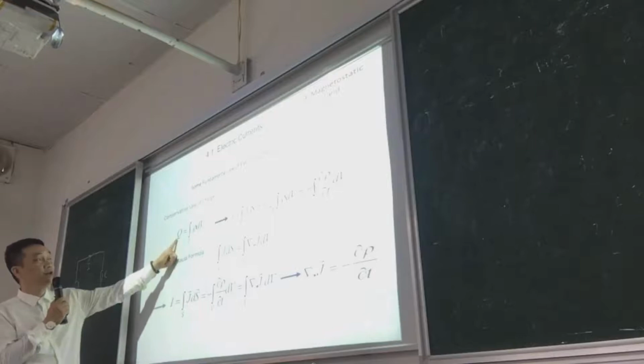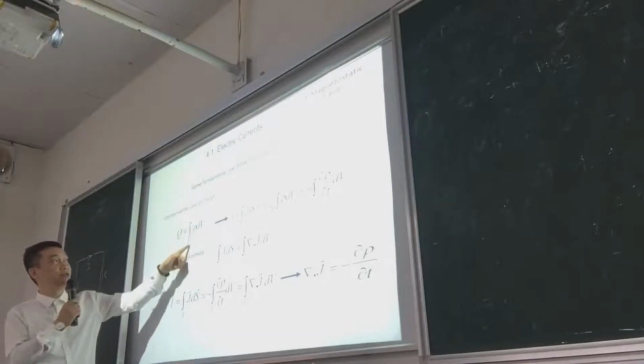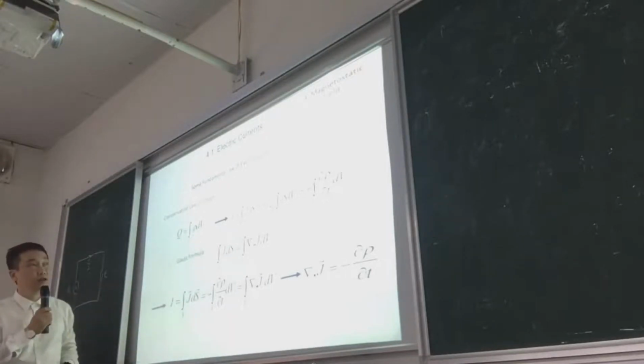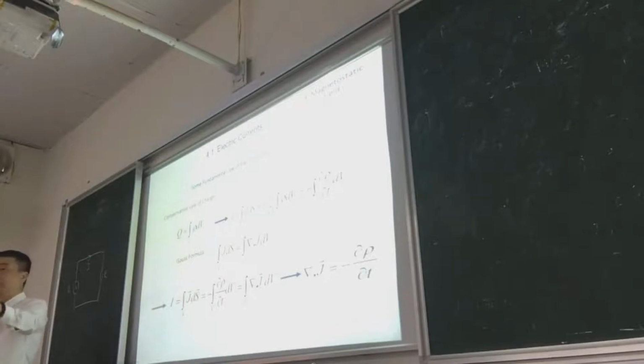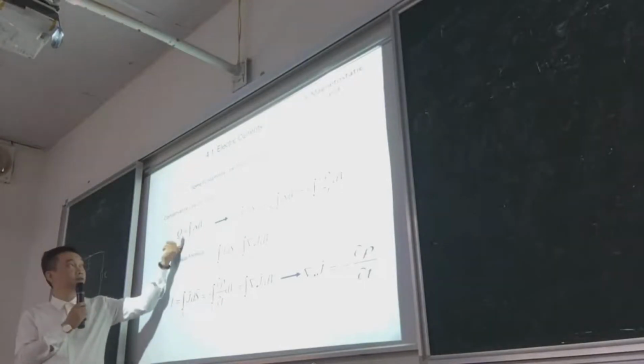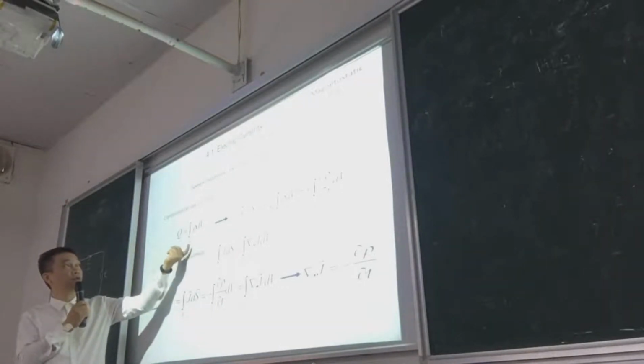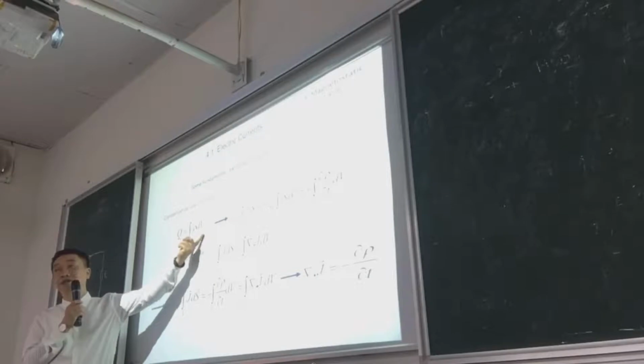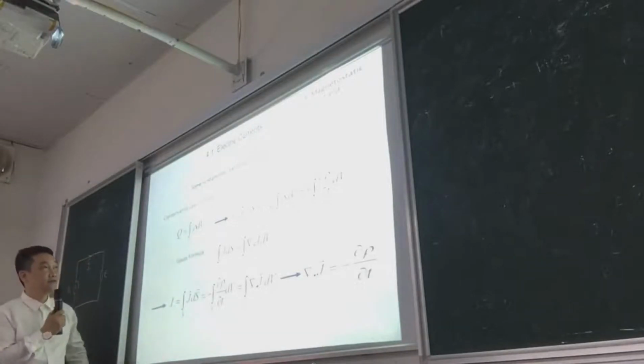You have the Q here, which is the integration of rho dV. So for the charge density rho over the object with the volume V, you have the charge Q equal to the integration of rho dV. You already know about this.